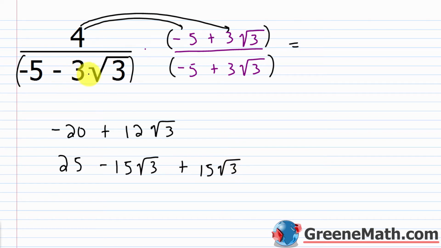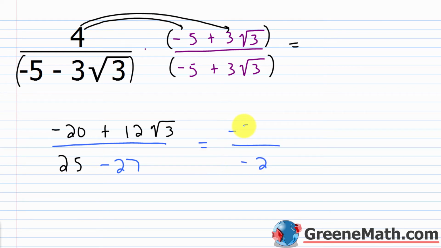And then negative 3 times square root of 3 times positive 3 times square root of 3 would be negative 9. And then square root of 3 times square root of 3 is 3, so times 3. So this would basically be negative 27. Now, again, the outer and the inner are going to cancel. These are opposites. Those are gone. So you're left with 25 minus 27. And what does that give you? It's going to give you negative 2.